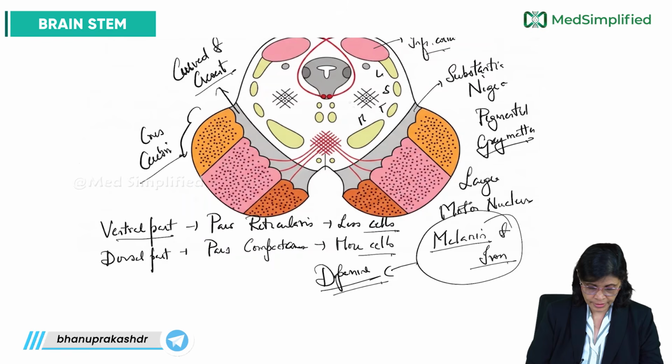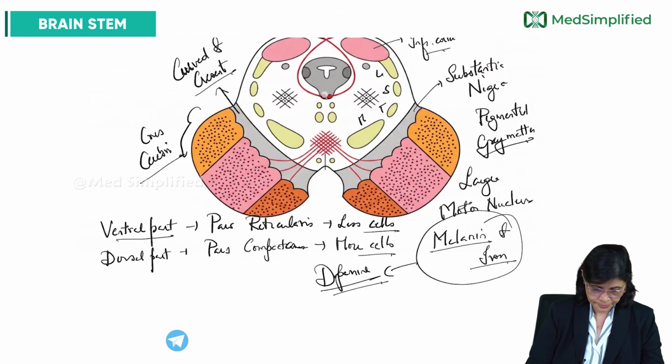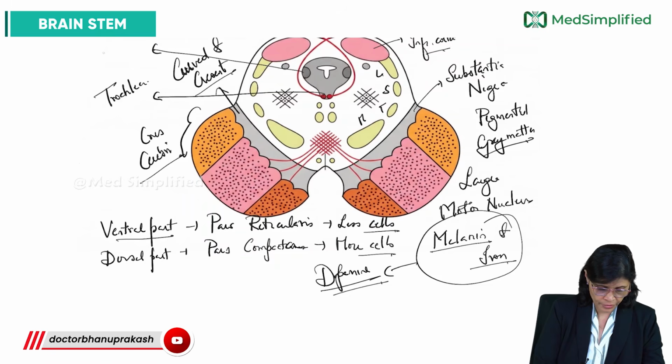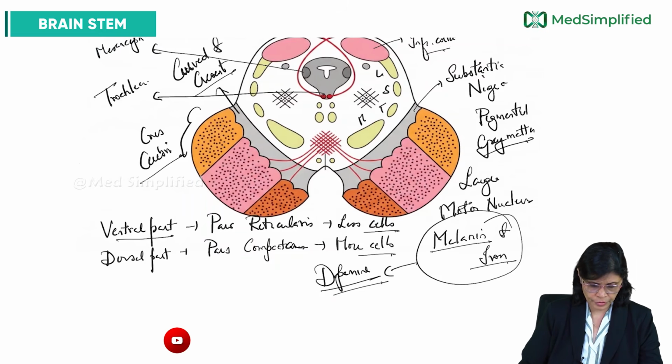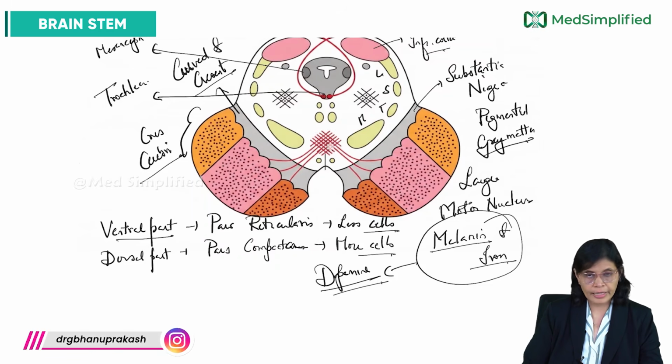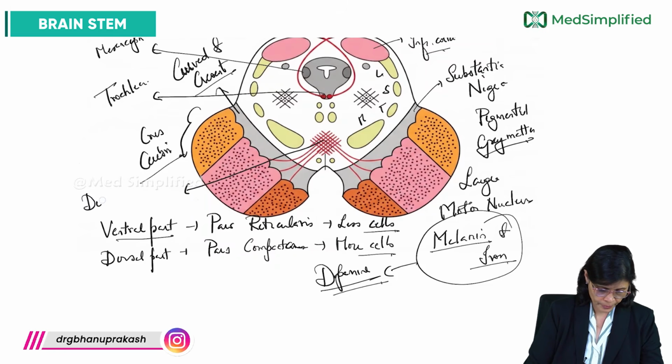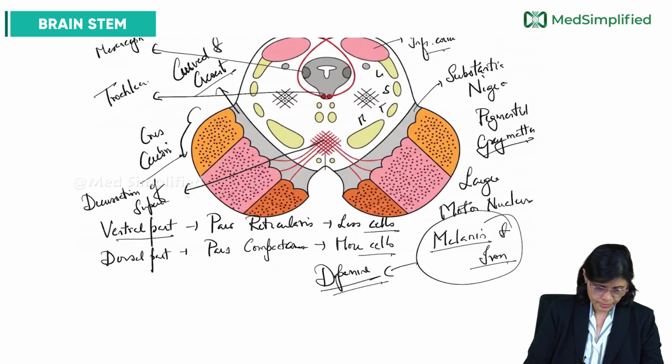Here we see the trochlear nucleus, and here we have the mesencephalic nucleus of the trigeminal. And this is the decussation of the superior cerebellar peduncles.